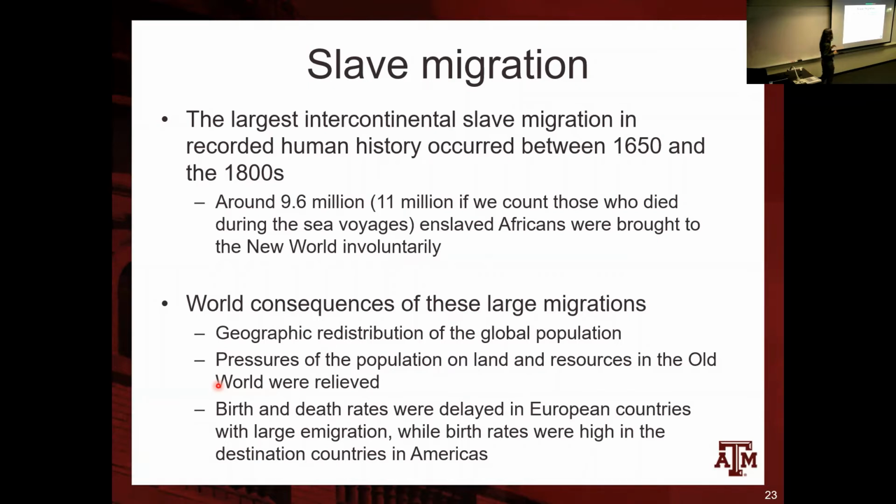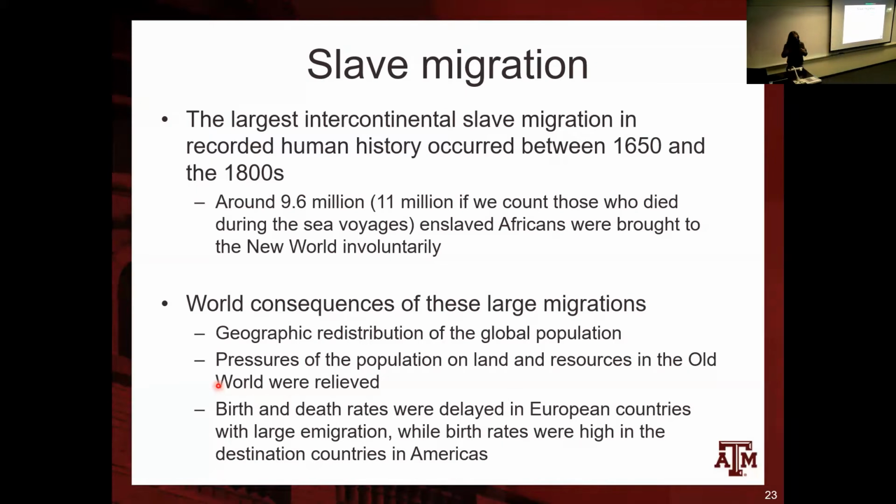I saw you. Okay. Birth and death rates were delayed in European countries with large emigration, while birth rates were high in the destination countries. International migrants, when they move to another country, want to build a new life. They want to have new opportunities.